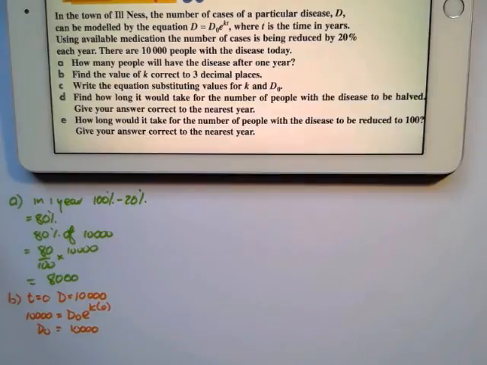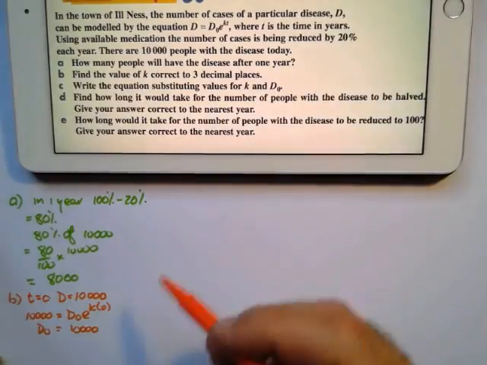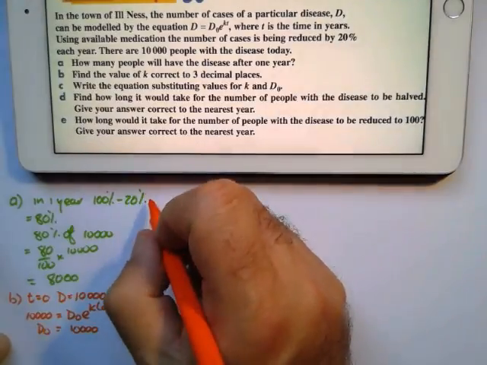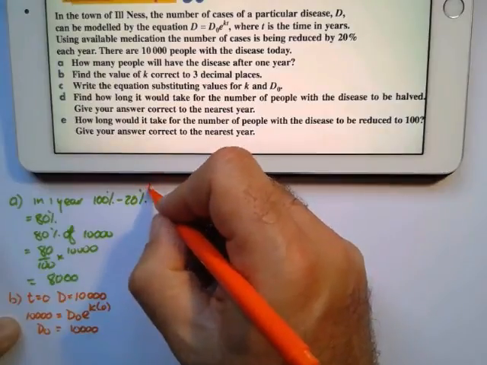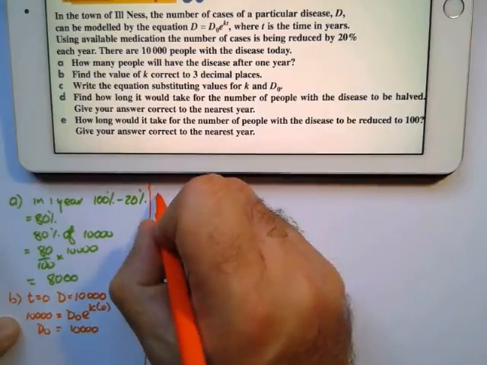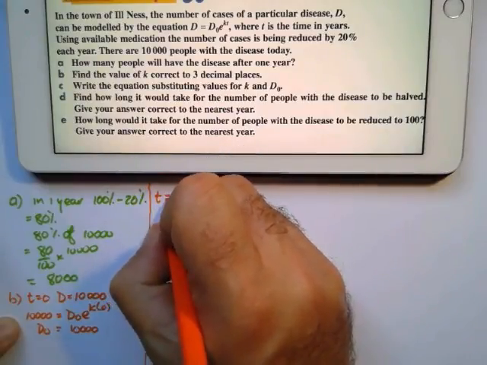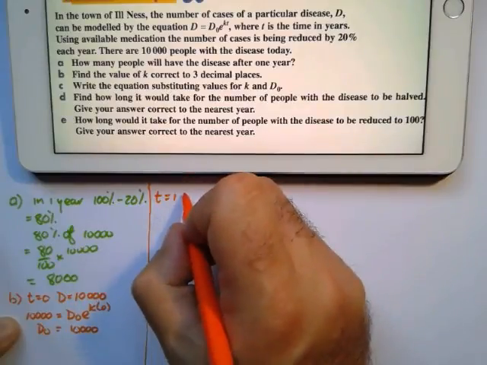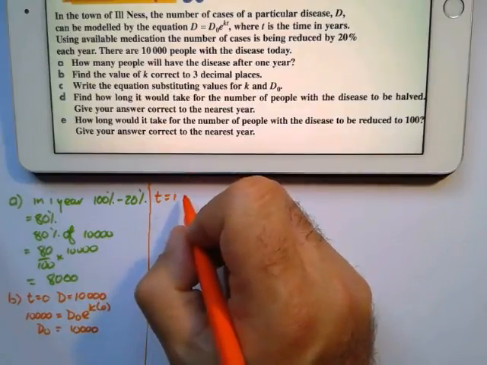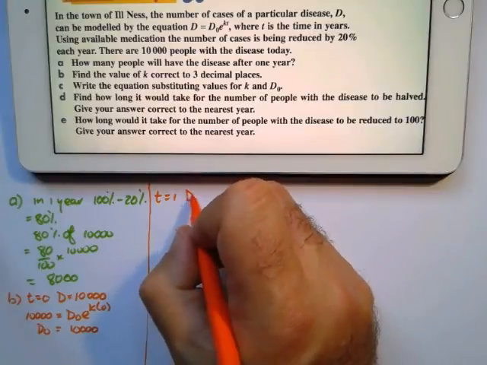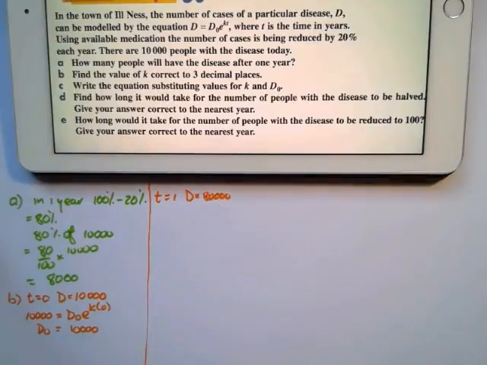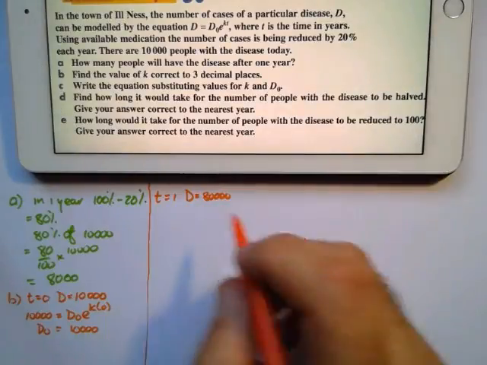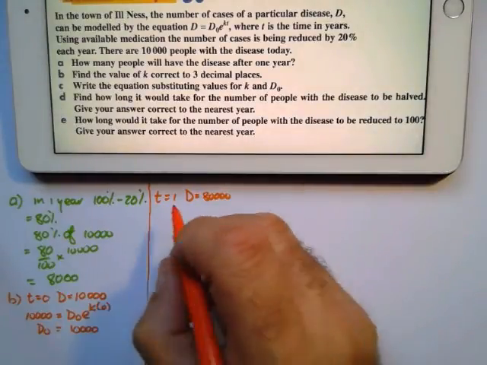Okay, I'm now going to do what happens after 1 year. I know that D then equals 8,000. So let's substitute that into the formula.